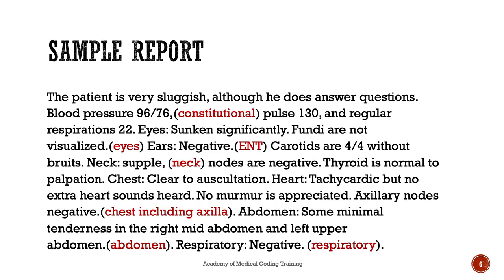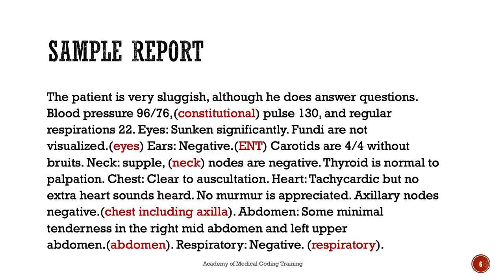All these findings are under the neck. So neck is the body area. So carotids, thyroid. Now you see we have counted the body area neck. So we are not counting the carotids or thyroid under the endocrine system or cardiovascular system. This is the thing which we were talking about, the double dipping. When we have counted the neck, we are not going to count the same element under different organ systems.